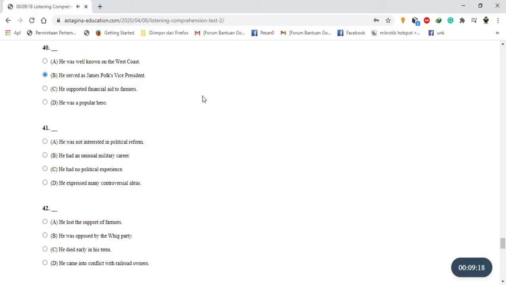Number 40. Why was Zachary Taylor chosen by his party as a candidate for president? Number 41. According to the speaker, why is it surprising that Taylor was elected president?